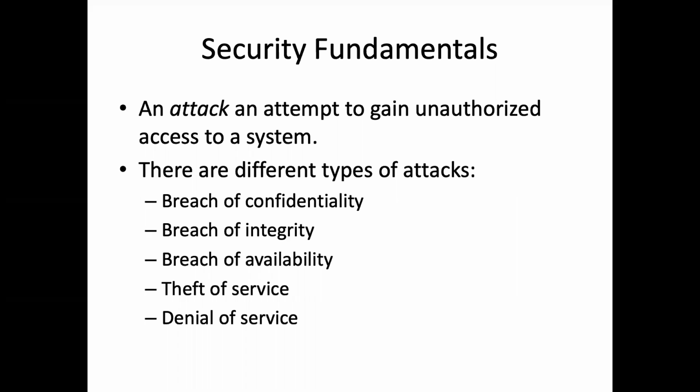A breach of integrity is when an attacker can modify data in a way that violates the rules of the system. If you think of the rules of the system as preserving the integrity of the data, a breach of integrity violates that. It's a way of modifying data in a way that an attacker shouldn't be able to. And I think a bank analogy helps with this too.